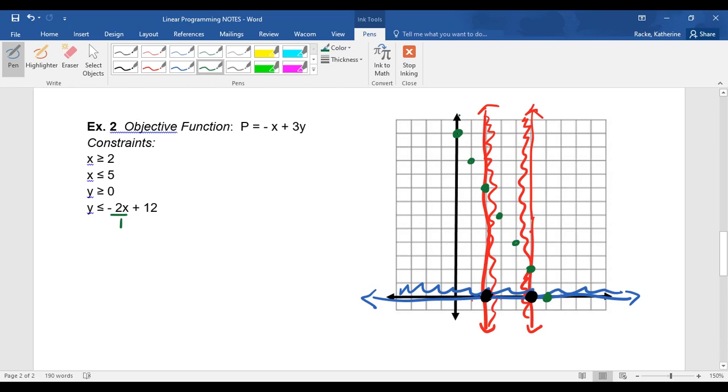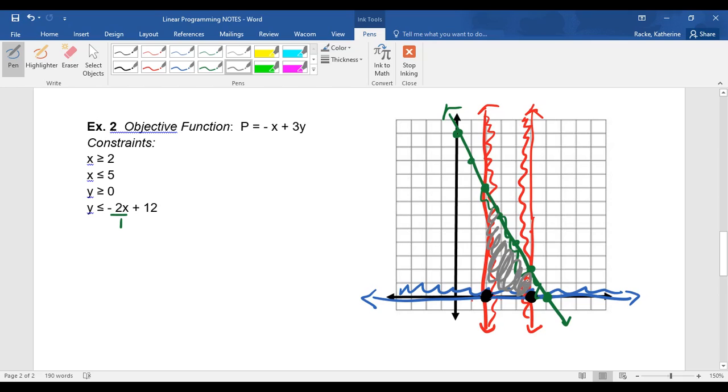Okay, so going to continue this line, and it is less than, so I'm coming down this way. So they are all intersecting in this area here, my feasible region.